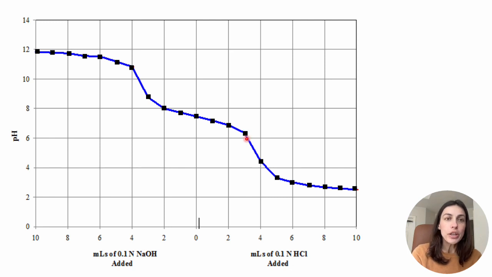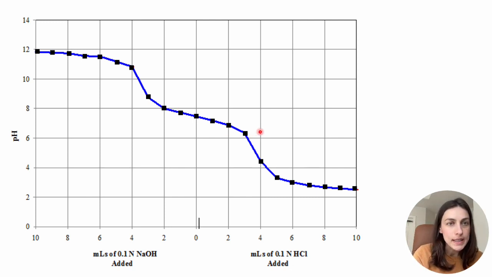Okay, so there are two things we can glean from this buffer: its buffering range and its buffering capacity. When we say buffering range, we mean between pH what and pH what is it maintaining about the same pH.